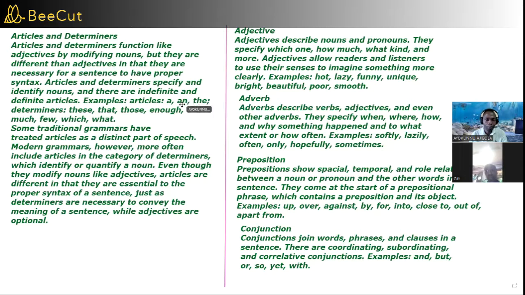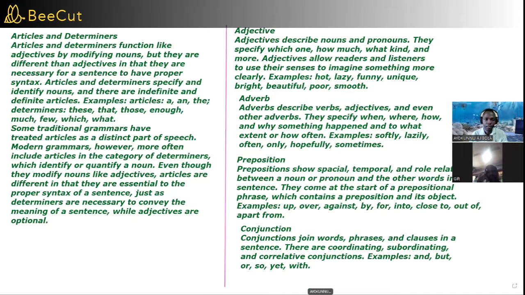But if I say, give me a pen, you're just going to give me any pen, any color. Is that taken? Yes, sir. But if I say, give me the pen, that means you know the particular pen and its color. If I say, give me an umbrella, you know the articles A and AN are indefinite, but THE is definite.